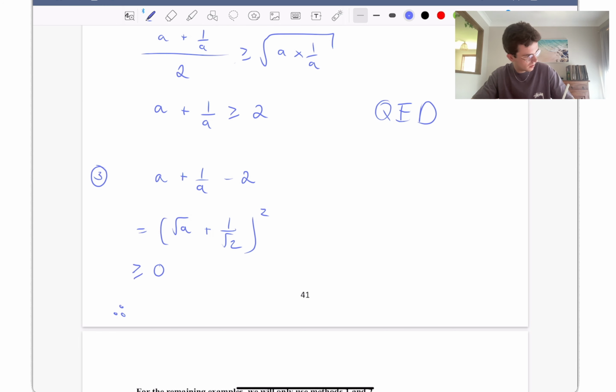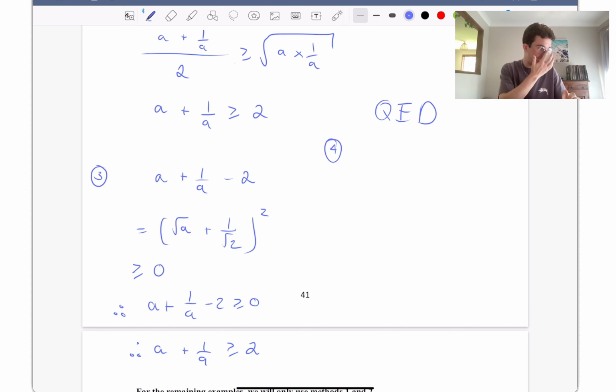So therefore a plus 1 on a minus 2 is greater than or equal to 0. So therefore a plus 1 on a is greater than or equal to 2.